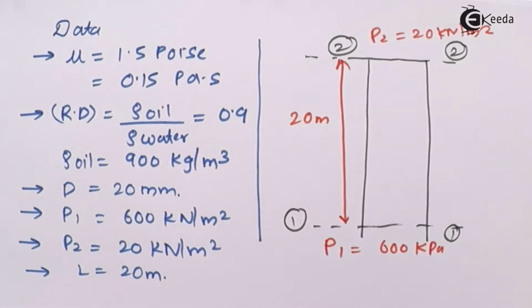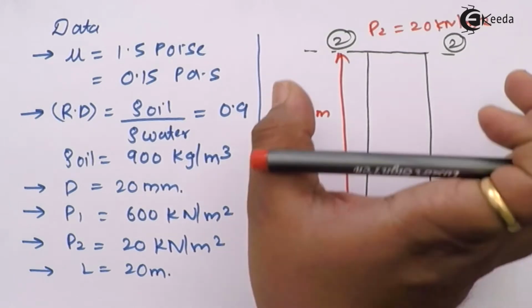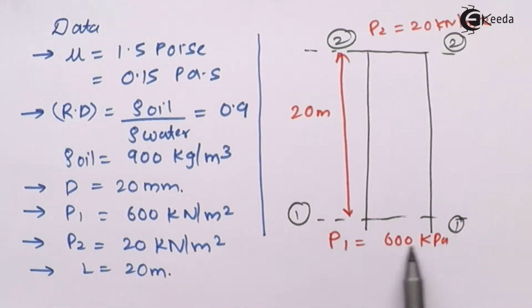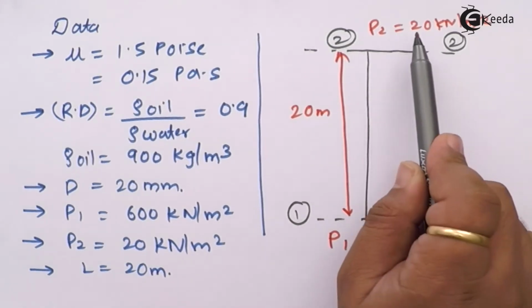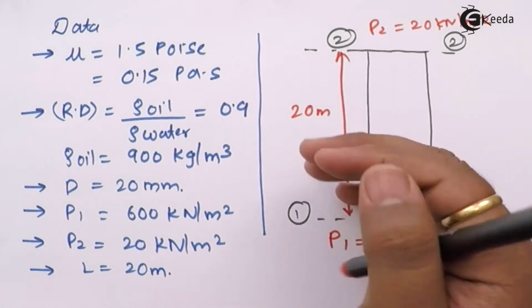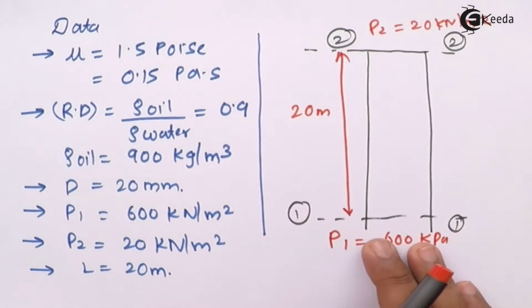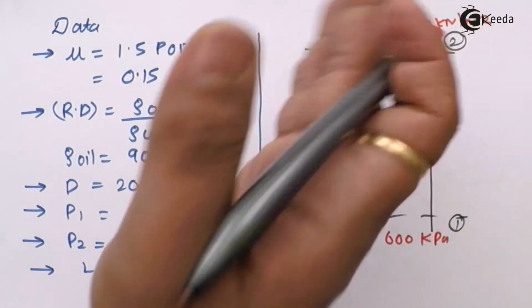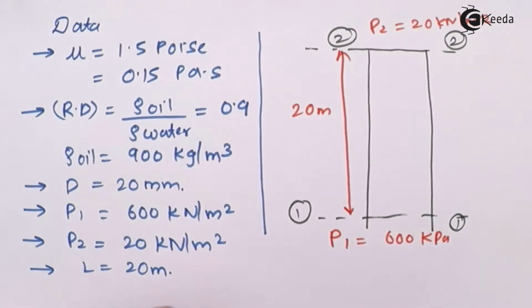If the total energy at section 1-1 is greater than the total energy at section 2-2, that means the fluid has a higher energy at 1 and a lower energy at 2. The fluid won't flow from a lower energy level to a higher energy level; it will always flow from a higher energy level to a lower energy level. So now let us apply Bernoulli's equation for this vertical pipe.